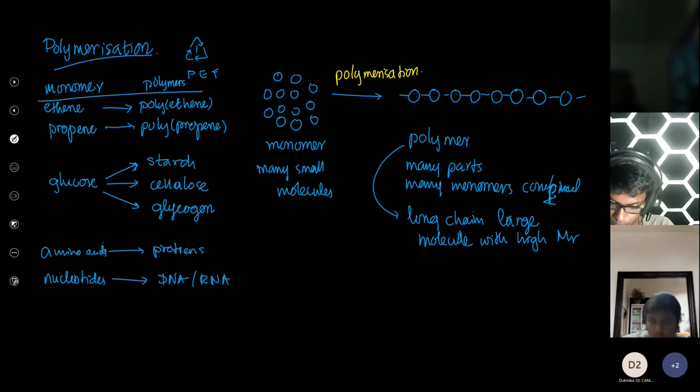It's the last part of this. Polymerization is the last part of alkanes. Right, after that, we have to do alcohols and carboxylic acids. And then we have to do another polymerization at the end. Right? And after that, you have something called biomolecules, and that's the end of the syllabus.